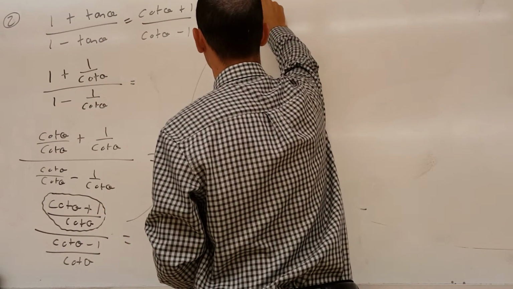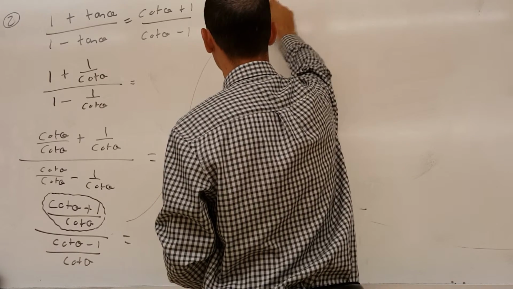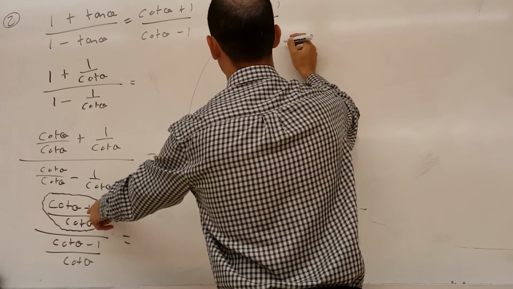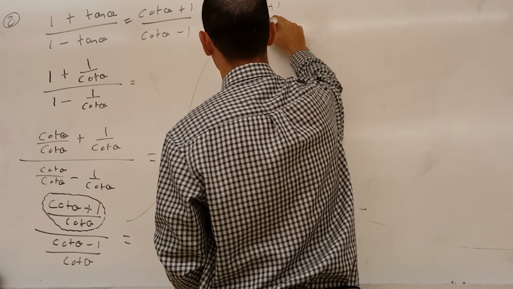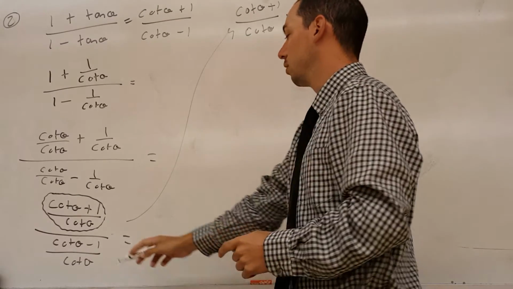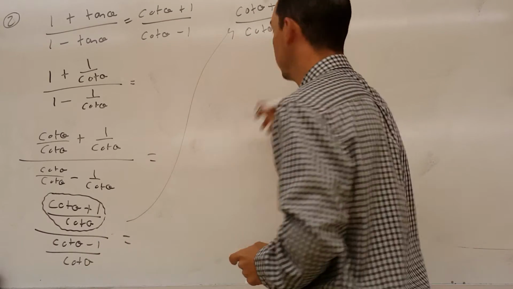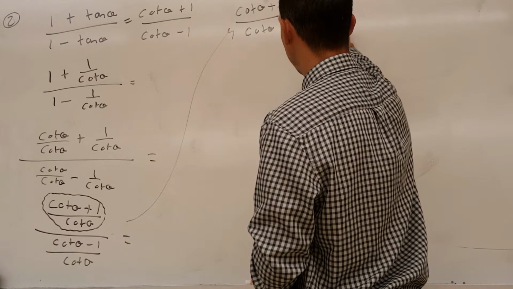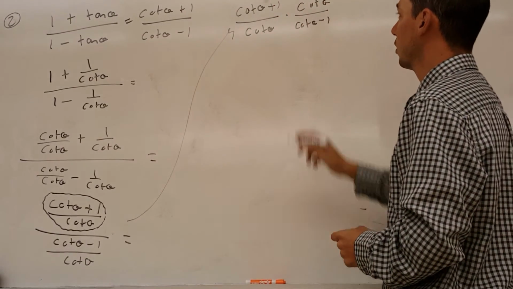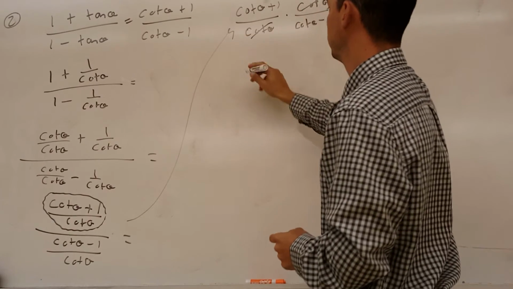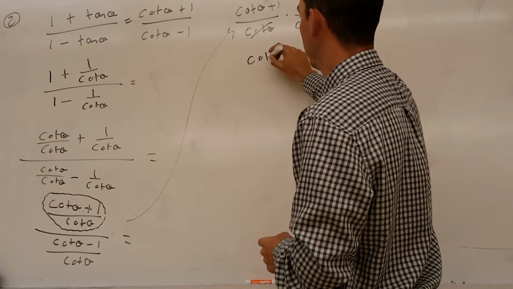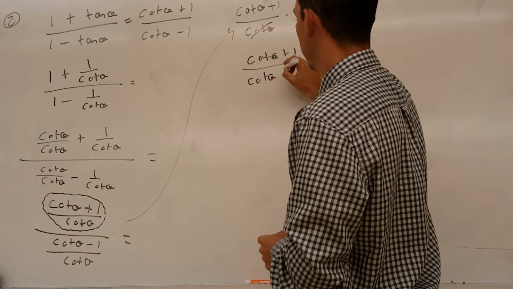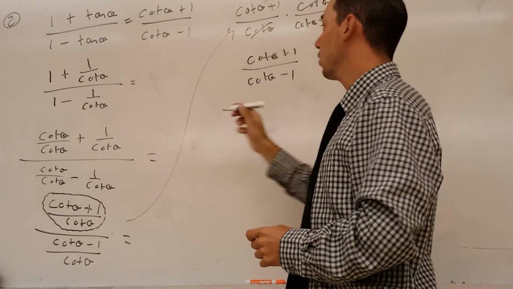Cotangent theta plus 1 over cotangent theta, times, multiply by the reciprocal of this one, cotangent theta over cotangent theta minus 1. Cancel, cancel. Cotangent theta plus 1 over cotangent theta minus 1, and that is what we wanted. Very good.